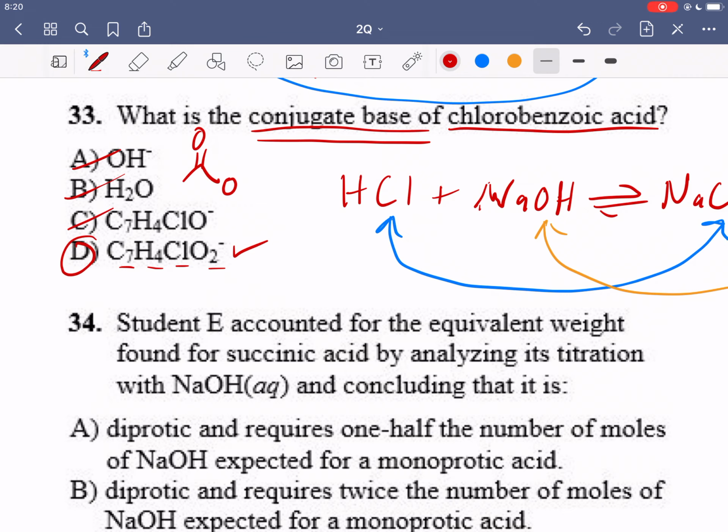So first of all, it doesn't make sense for an acid to lose an O and an H. If it did that, it would be more like a base, because OH is a minus, a negatively charged species. Also, if you draw out the carboxylic acid functional group, it makes no sense for it to lose either of these oxygens. Those are pretty well held oxygens. They're not going to just be lost in the way that a proton would be. So C is incorrect because it took away the oxygen as well. D is the correct answer.